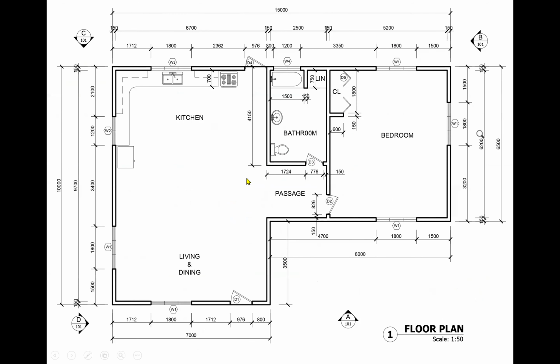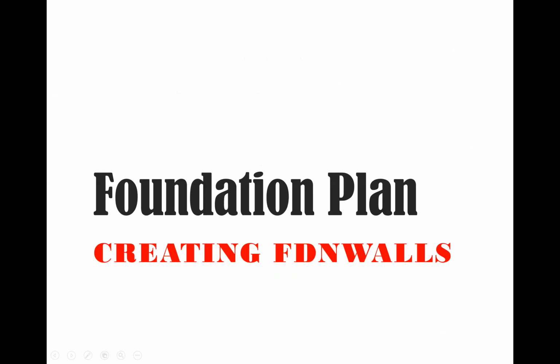So we're going to move over now. Our floor plan, when it is complete, should look like that when all our dimensions are in place. You can use the manual as your guide to know where those dimensions need to be, okay? But right now, we're going to be focusing on the foundation plan.